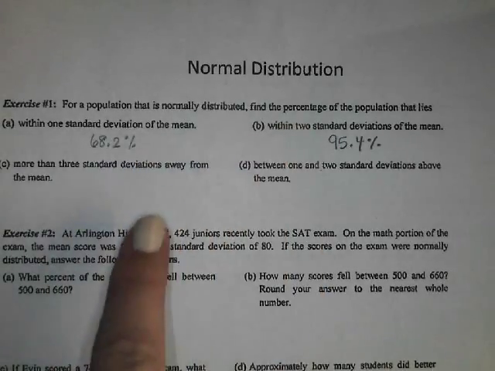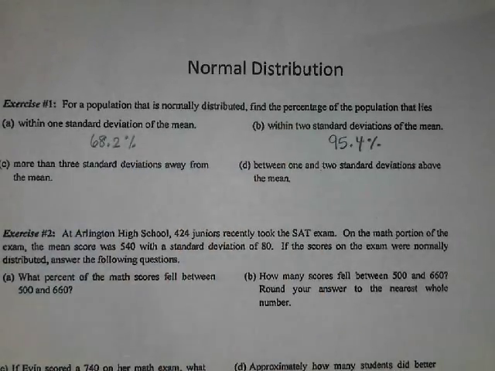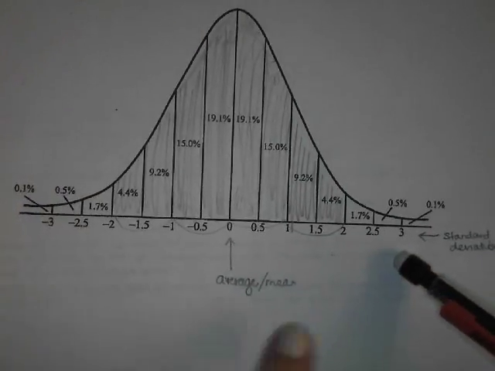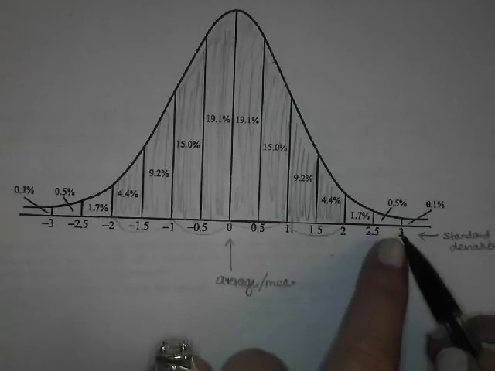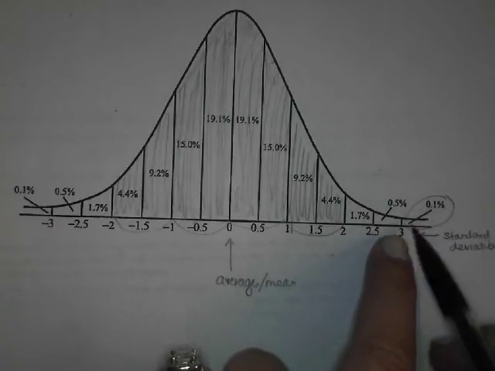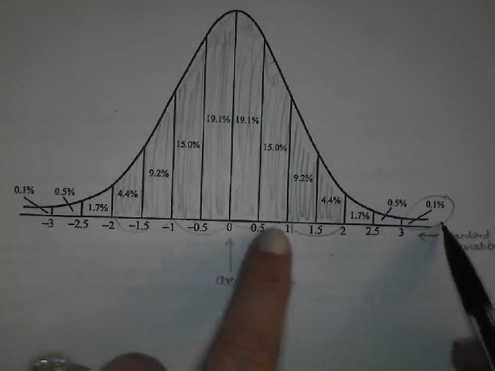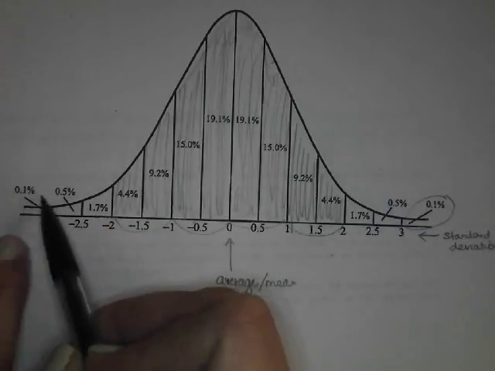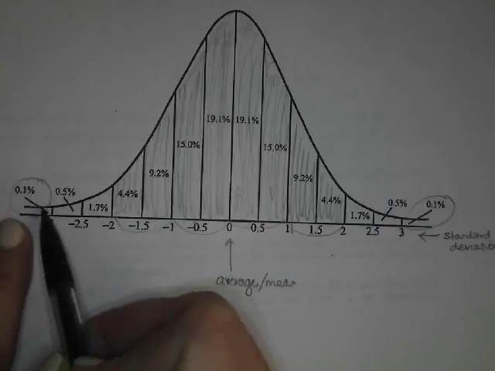What percentage of the population is more than 3 standard deviations away from the mean? Here's 3 standard deviations away. This percentage is more than 3 above, and down here, this percentage is more than 3 below.